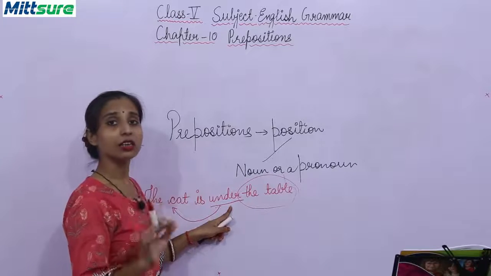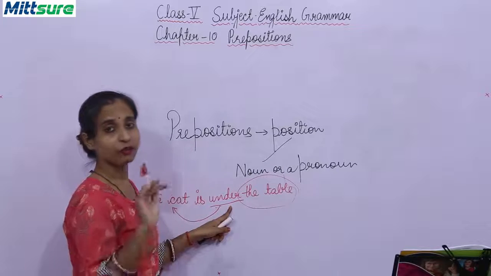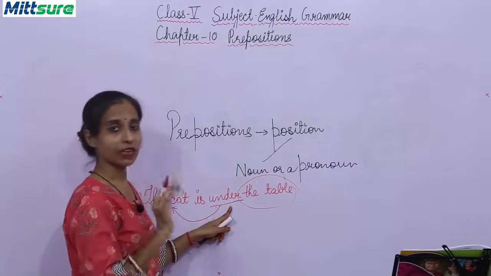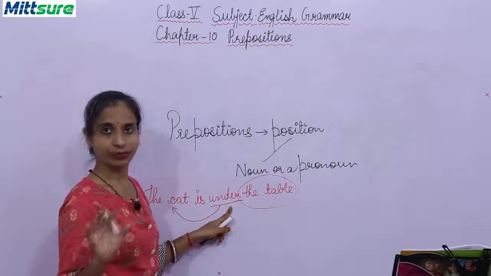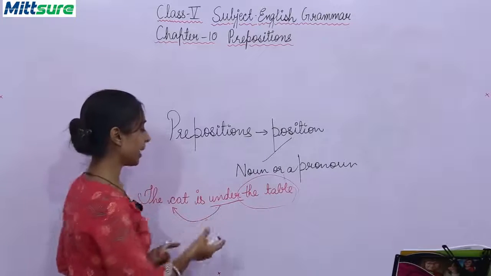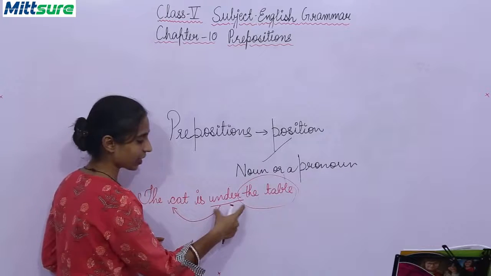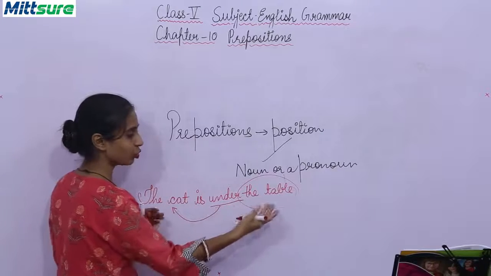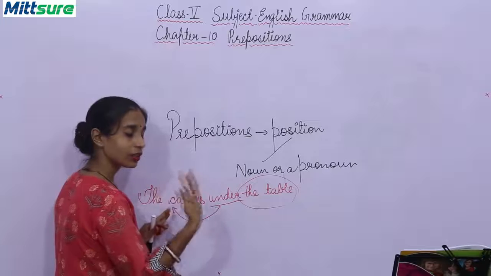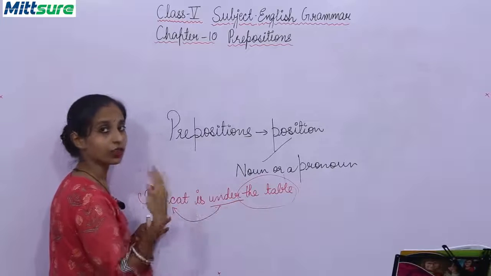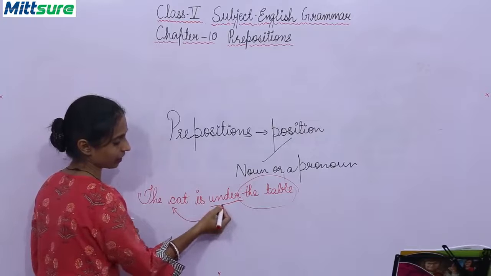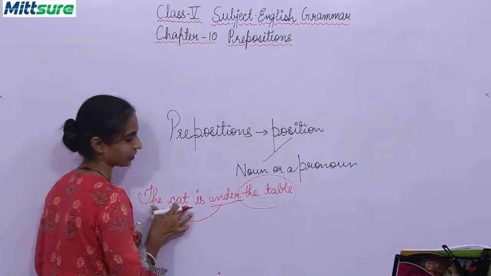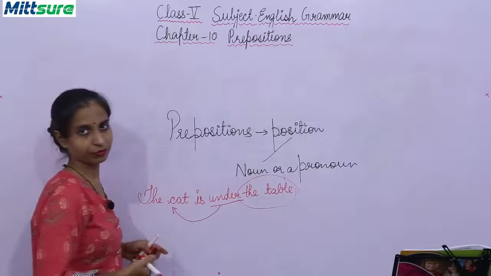Prepositions are those words which tell you the position of a noun or a pronoun. Simple. Or they make a relation between two nouns or the noun with the other part of the sentence, that where you can see this under is making a relation between the cat and the table.